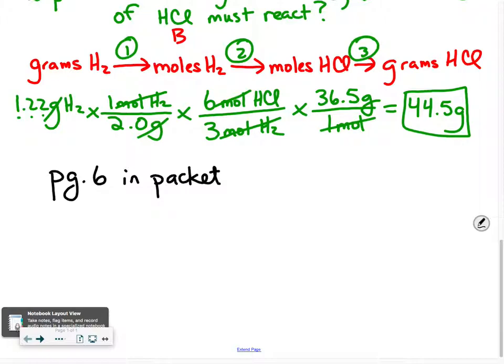Okay, it's the gram to gram conversion. You can do numbers 1 through 6.